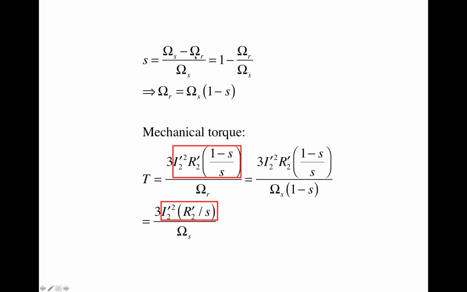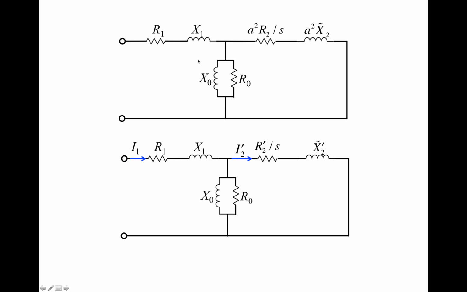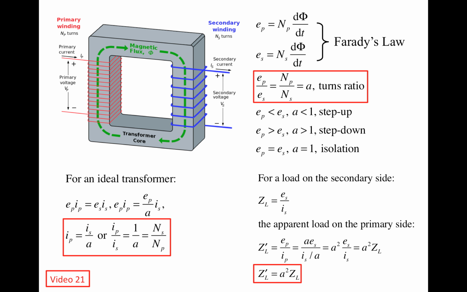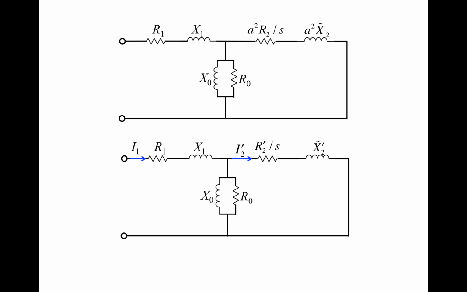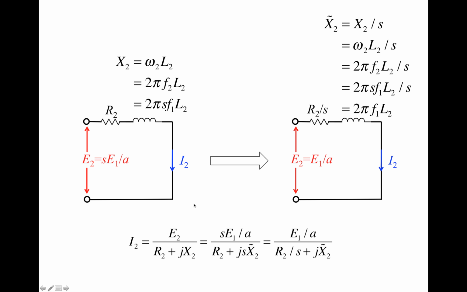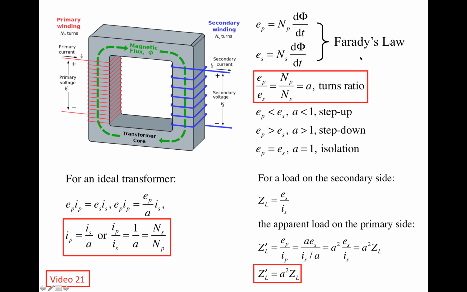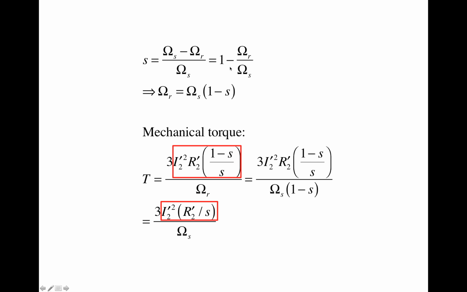In previous videos we were using small omega r, but I was using small omega in this video to represent the angular frequency. So here let's change it to capital omega. Capital omega r is the angular rotational speed of the rotor.